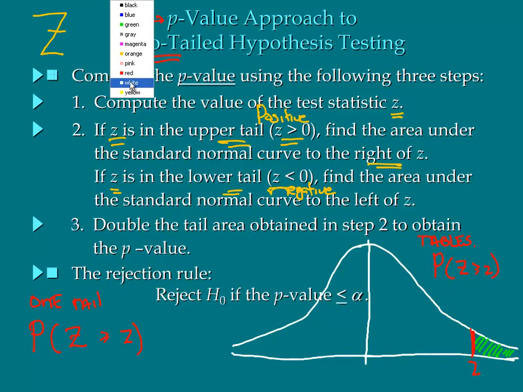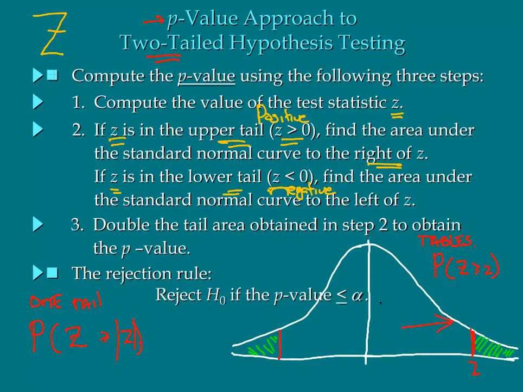Again, the symmetry rule comes into play here. According to the symmetry rule, it doesn't matter if it's left or right. We can use the absolute value of z and just work on the basis of the upper tail.